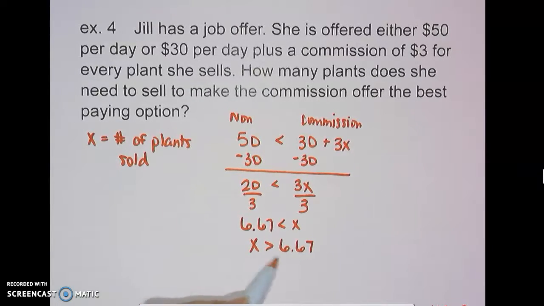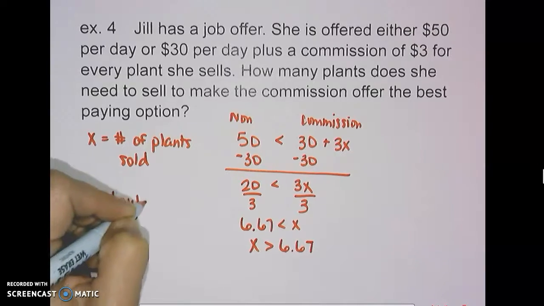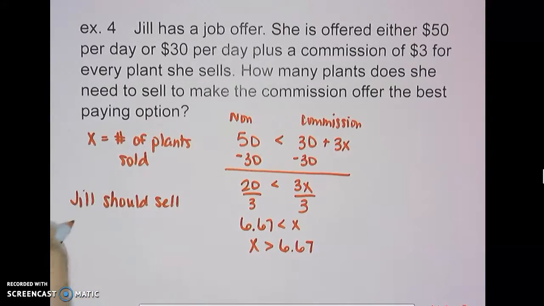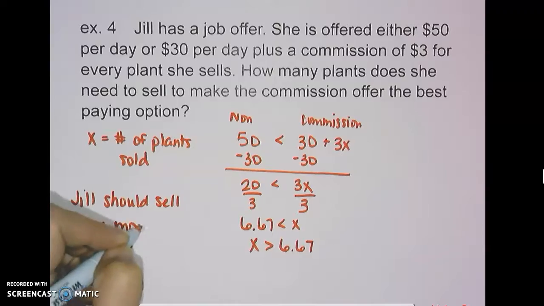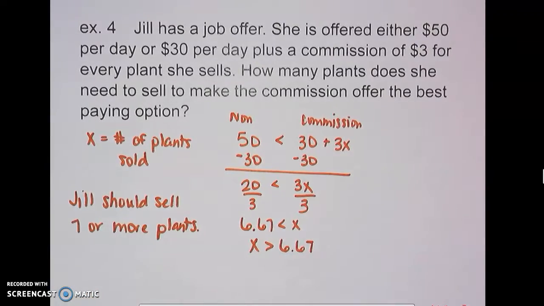So we need the number to be greater than 6.67, meaning Jill should sell 7 or more plants. Or you could say at least 7 plants each day, or whatever it may be.